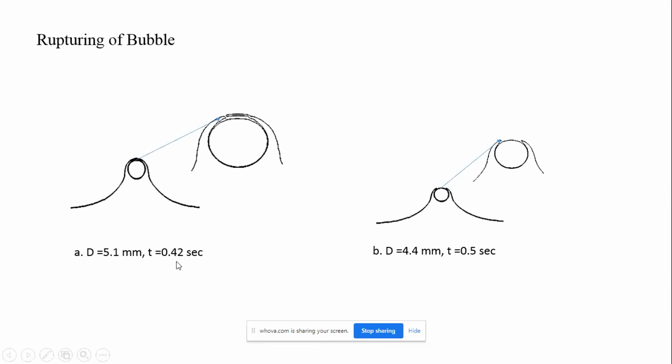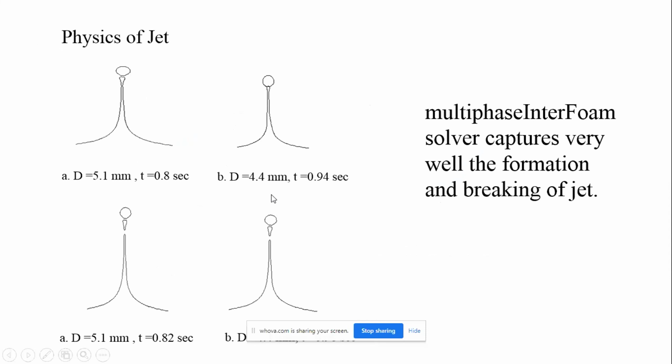But the time is different. For the higher diameter bubble, the Reynolds number will be high. That's why it takes less time to disturb the interface, as well as in the formation of the jet.